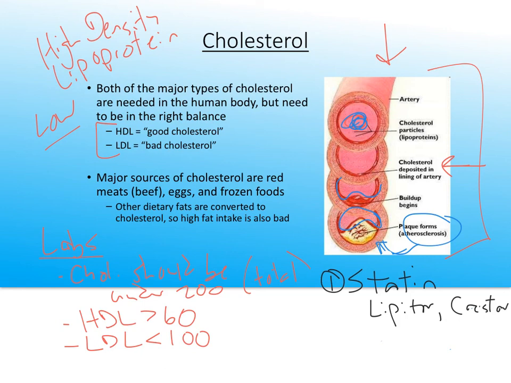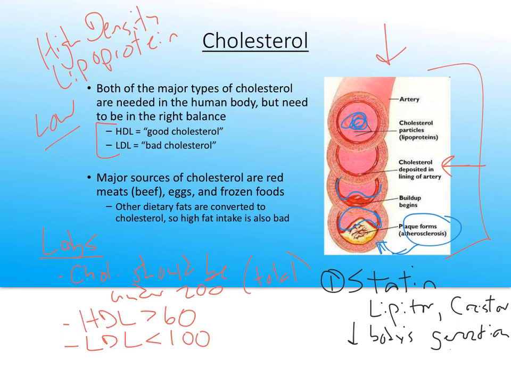These are the name brands for statins. What statins do is they decrease your body's generation of cholesterol. I know it's really hard to read my handwriting. So statin drugs decrease your body's creation of cholesterol. That way, if you eat some in your diet, it's not as big of a deal because your body isn't making as much on its own.